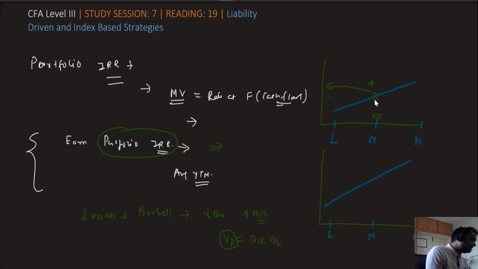The second condition is that the durations are matching: the liability duration equals the asset duration. Since it's a single liability, the liability duration is just the time at which that liability matures, and since it's a barbell portfolio, the asset duration would be a weighted average.